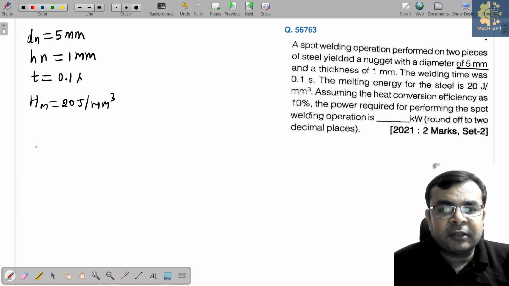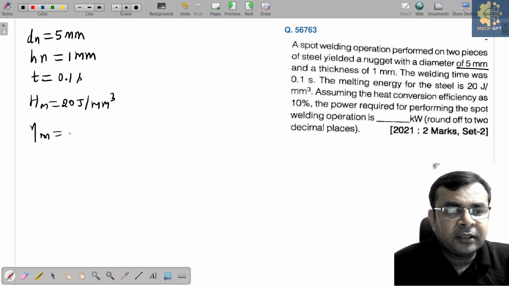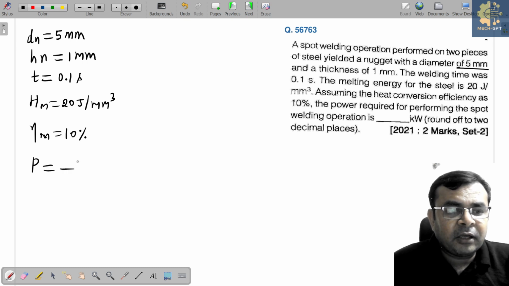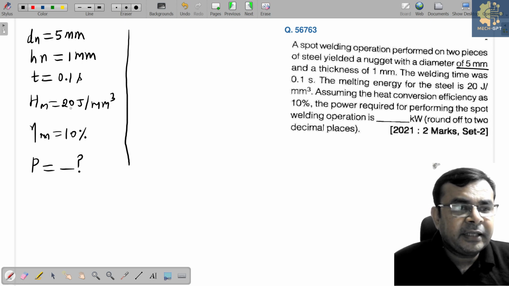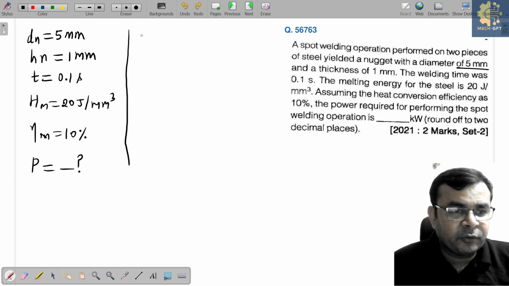Assuming the heat conversion efficiency, that is melting efficiency, is given here, that is 10%. The power required for performing the spot welding, we need to calculate this. So if you can see, HM is given here, but this is given in joule per millimeter cube.